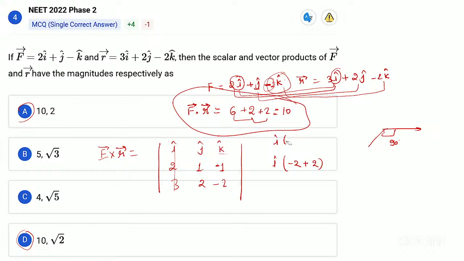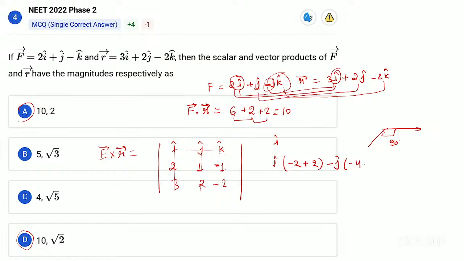It is ultimately coming out as 0. Then the second term we will take as negative, minus j cap. Hide that row and that column. Then 2 into minus 2 will become minus 4, and 3 into minus 1 becomes minus 3.